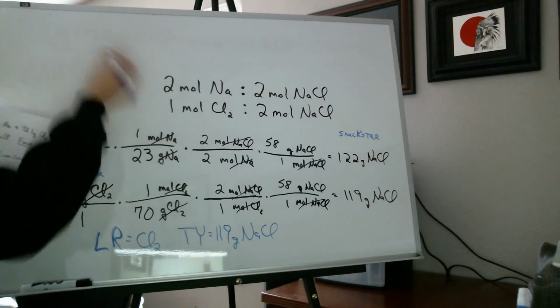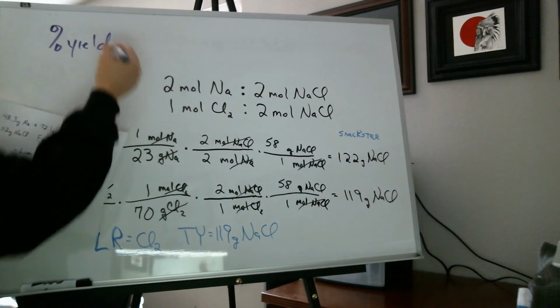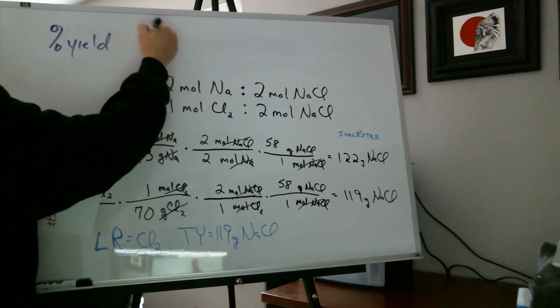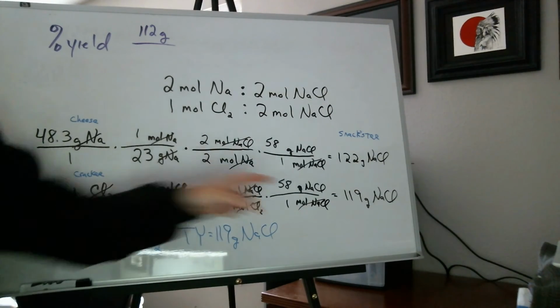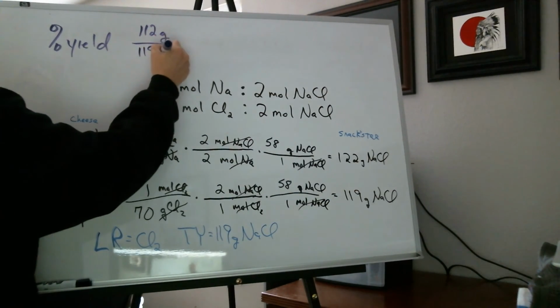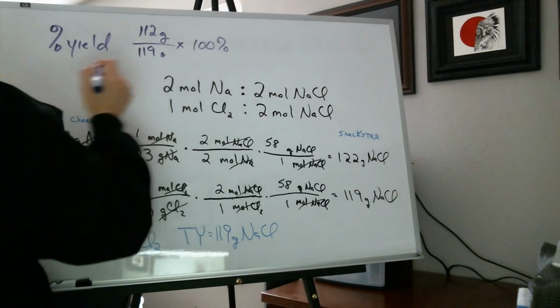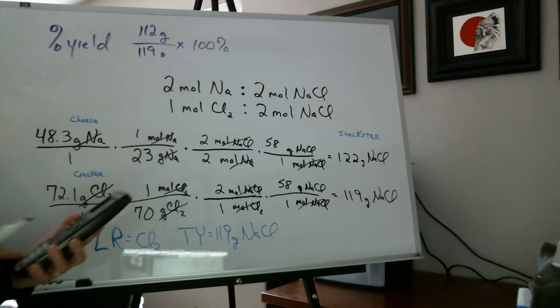So to find the percent yield, I'm going to take my actual, which was the 112 grams, and divide it by my theoretical, which is the 119. And then multiply that by 100%. And let me get my calculator out.